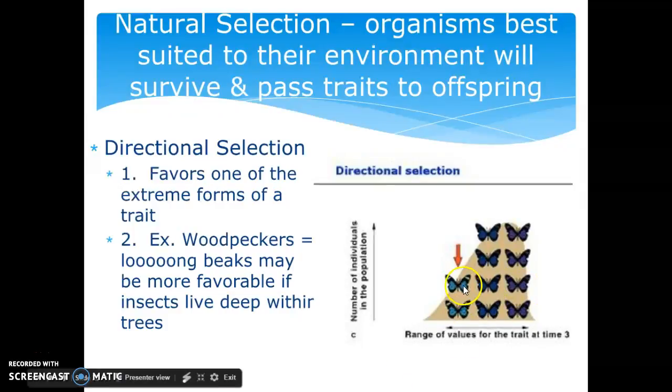This one is not illustrated this way, but you could go this way where the hump shifts this way and it favors this side, depending on what sort of trait that you're talking about. So directional selection favors one extreme of the trait, maybe long or short, tall or short, something like that. So it shifts the hump one way or the other.